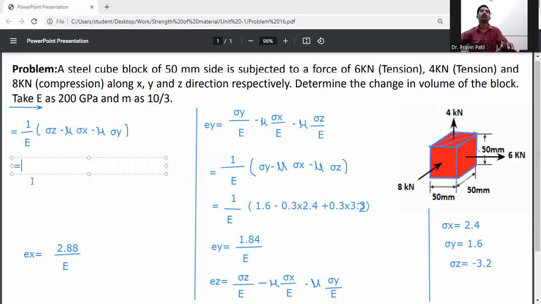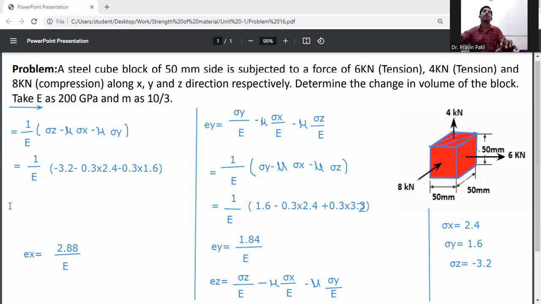Put all these values here in terms of E. You get 1 by E in bracket: sigma z is minus 3.2, then minus mu, it is 0.3 into sigma x, which is 2.4, then minus 0.3 into sigma y, which is 1.6, bracket close.